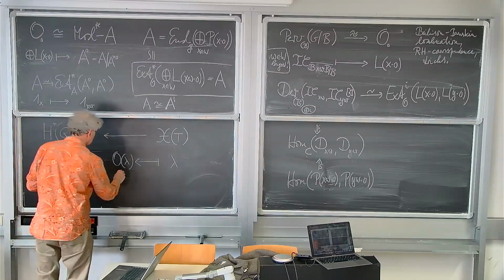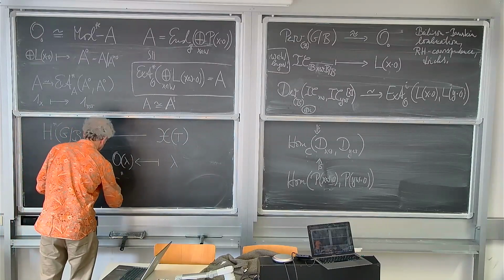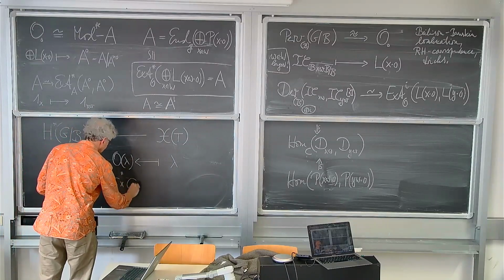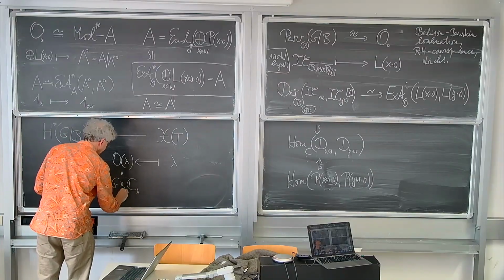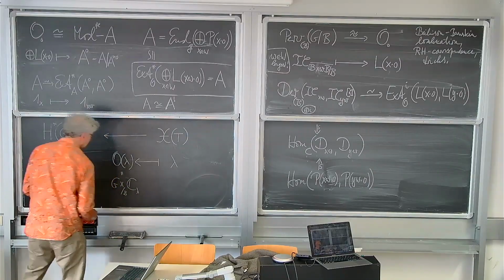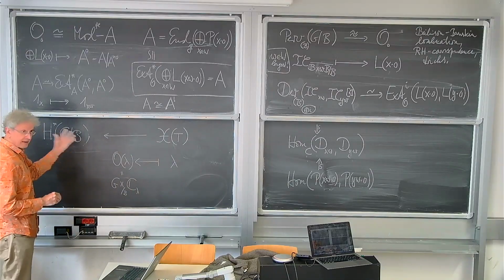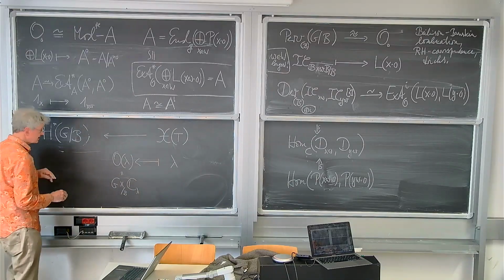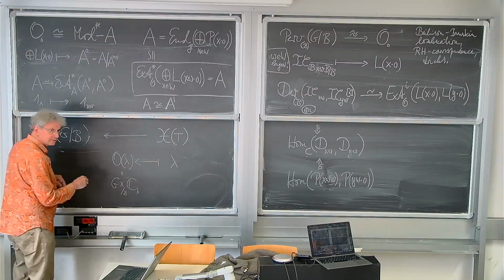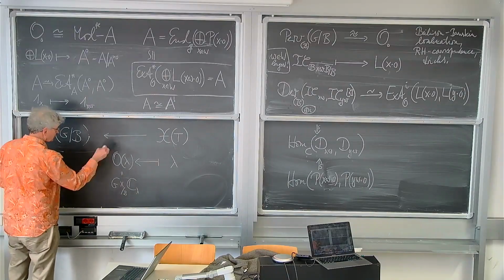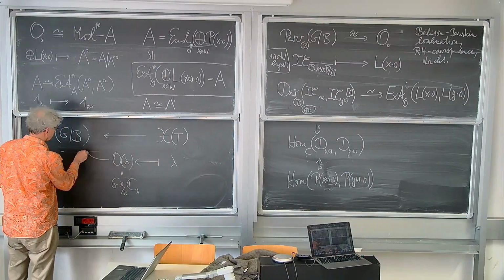I mean, I could write it G times C lambda over B or something like this, which will be the line bundle over here. And this is a second Chern class, Chern, D1.